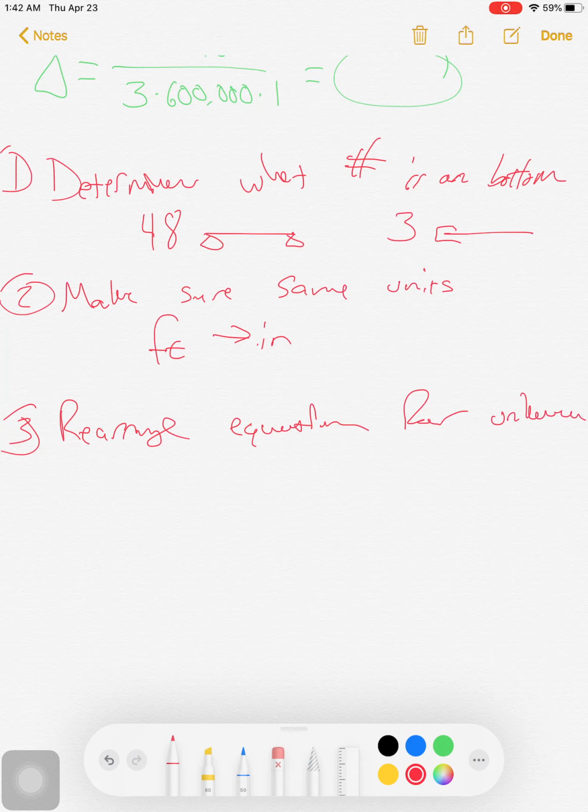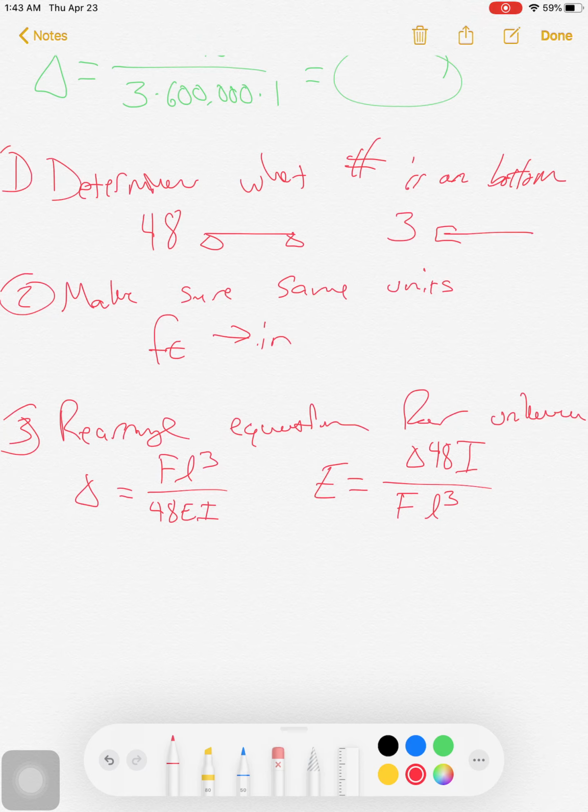Third, rearrange the equation for the unknown. So if I had deflection is my force length cubed over 48 EI, and I wanted to find, let's say, my E value here, I want to rearrange this. So for that particular situation, E is going to be delta 48I over force length cubed.